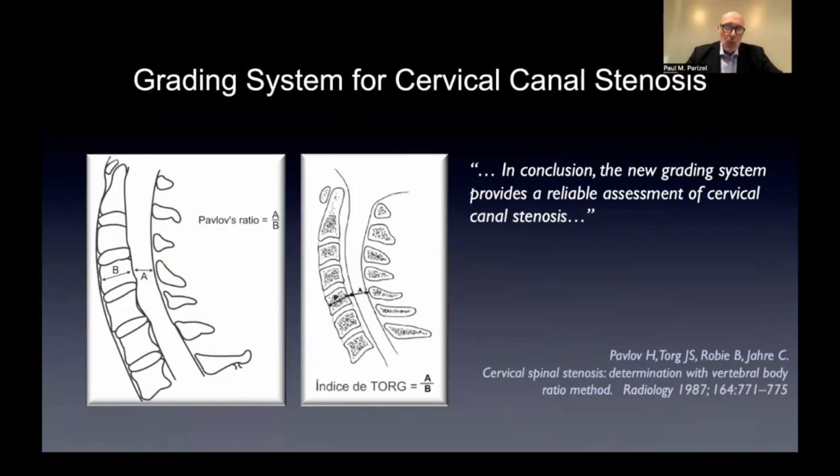By simply measuring distances of the AP diameter of a vertebral body and the diameter between the posterior wall of that vertebral body and the spinous process, without taking into account the other diameters of the spinal canal, the width, the neural foramina, the lateral recesses, the soft tissues, the ligaments, the intervertebral discs, all of that didn't count. So you can understand why radiologists were somewhat skeptical about this.